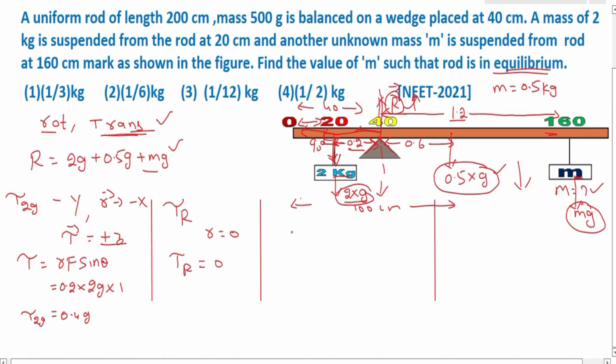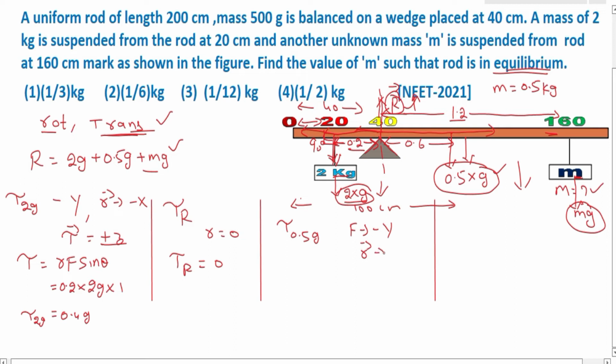Now let us try to calculate the torque acting on the rod because of force 0.5g. This 0.5g force is along the negative y-axis, and the direction of r bar is along the positive x-axis.